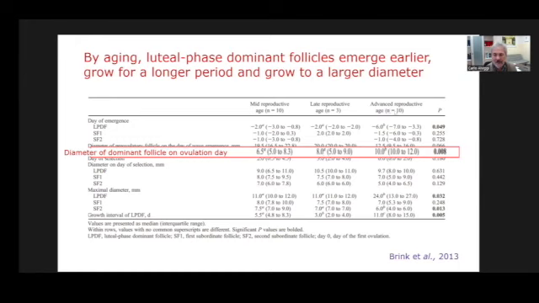In patients in a very advanced reproductive age, during the early luteal phase, we can have dominant follicles even reaching 10 or more millimeters. This is very important in our clinical practice because this is the reason why, at the beginning of our stimulation in patients in advanced reproductive age, we have asynchronicity among follicles.